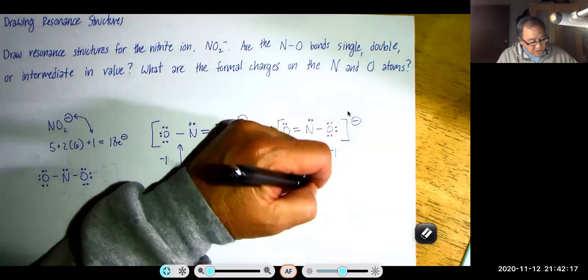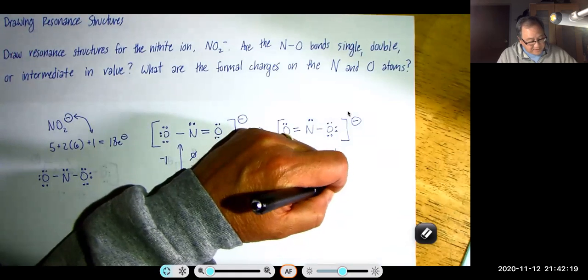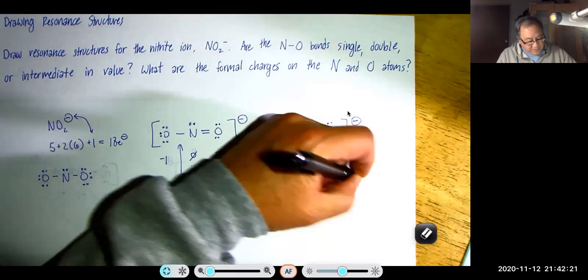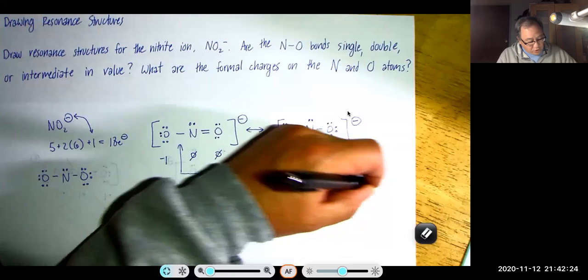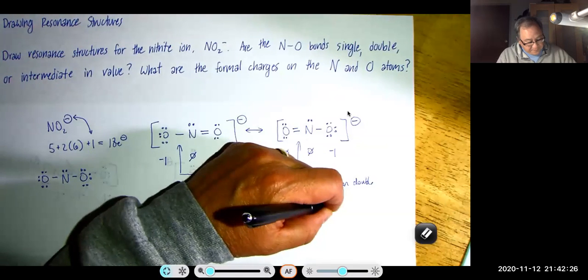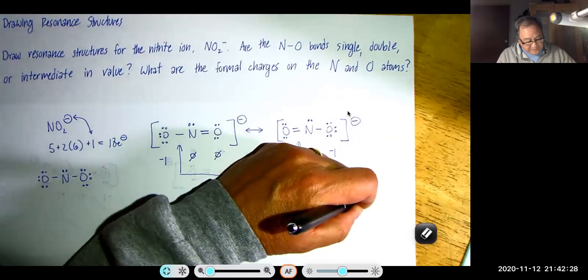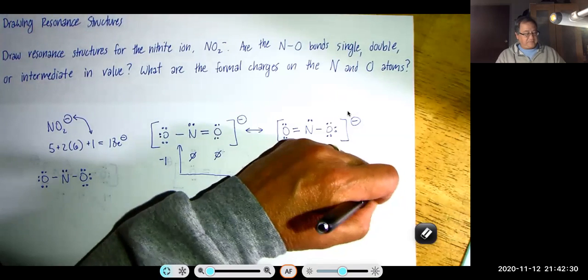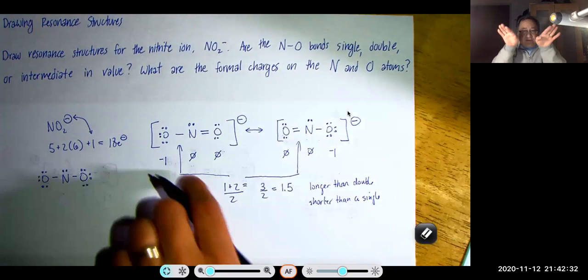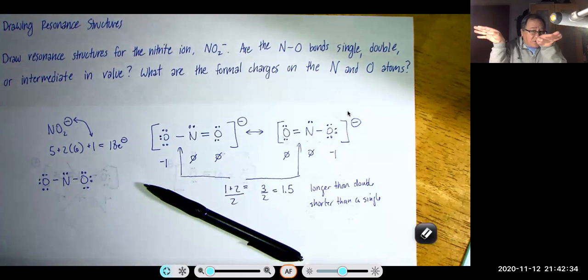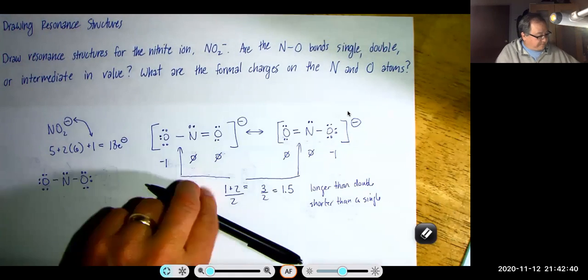It's going to be longer than a double, shorter than a single. So this atom doesn't have like 2 bonds where one's long and one's short and it goes back and forth. They're both kind of short, kind of long. Okay.